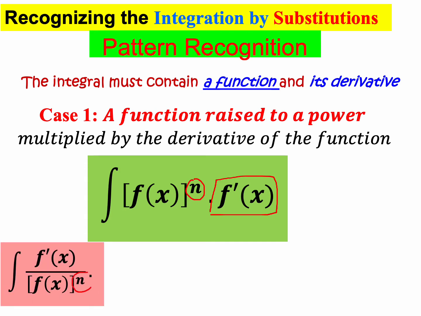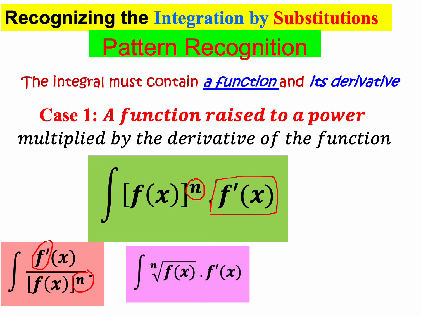So also here, in the denominator, it's integration by substitution, and we need to make sure that the derivative also is given to us. Sometimes the function is under a radical, which means also integration by substitution, because this means the power, and also the derivative is given to us.